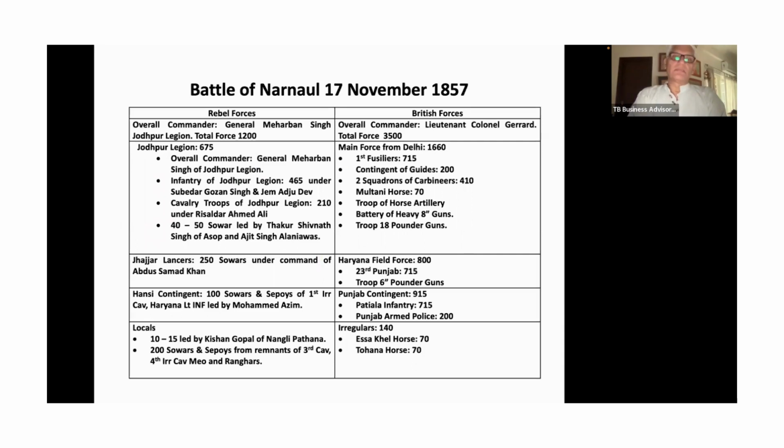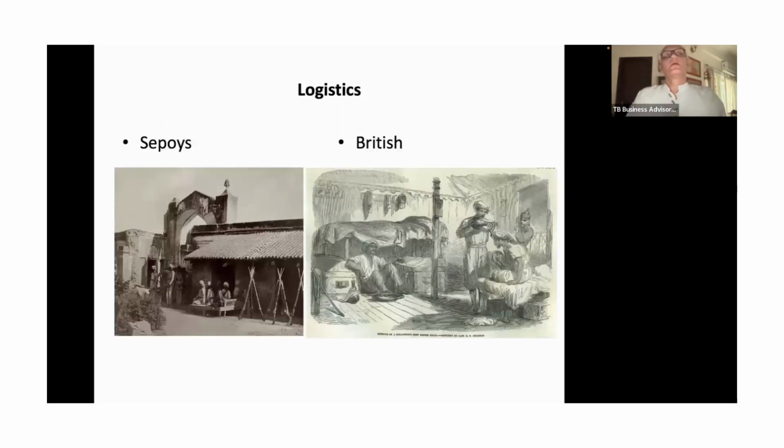Now, in the month of August, September, that is end August to third week of September, the Battle of Delhi had carried on with great violence and tenacity on both sides. The sepoy had fought for every inch.